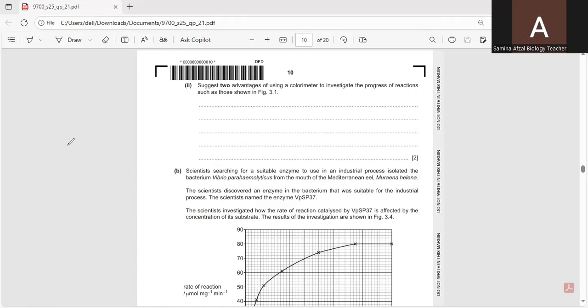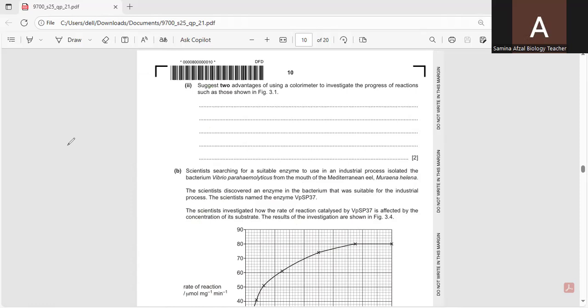high sensitivity and quantitative measurement can be taken with the help of this calorimeter. Calorimeters are highly sensitive and can detect even small changes in the concentration of a colored substance. Absorbance is directly proportional to concentration.